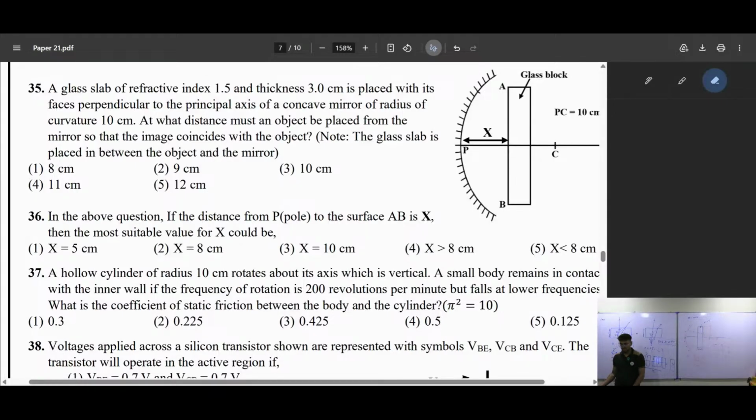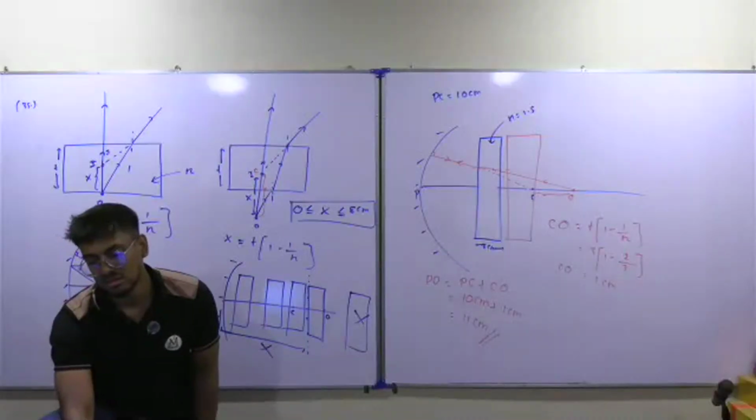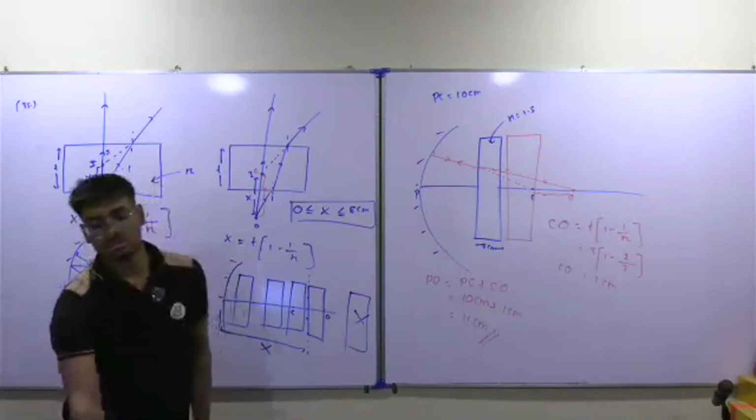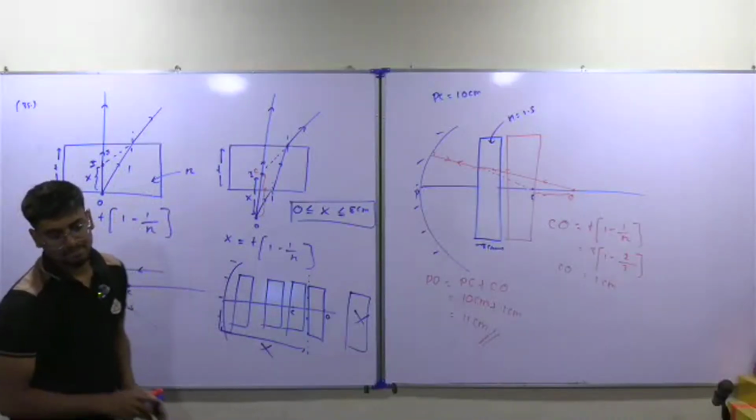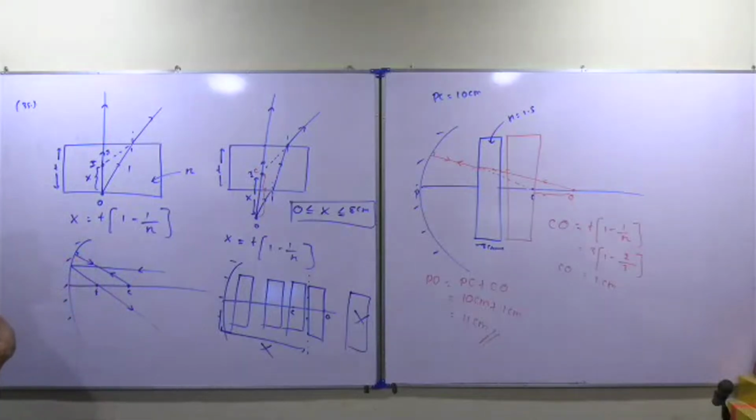So for any value of X less than 8 centimeter, the condition is satisfied. So that is the answer for the 36th one. X should be less than that term.